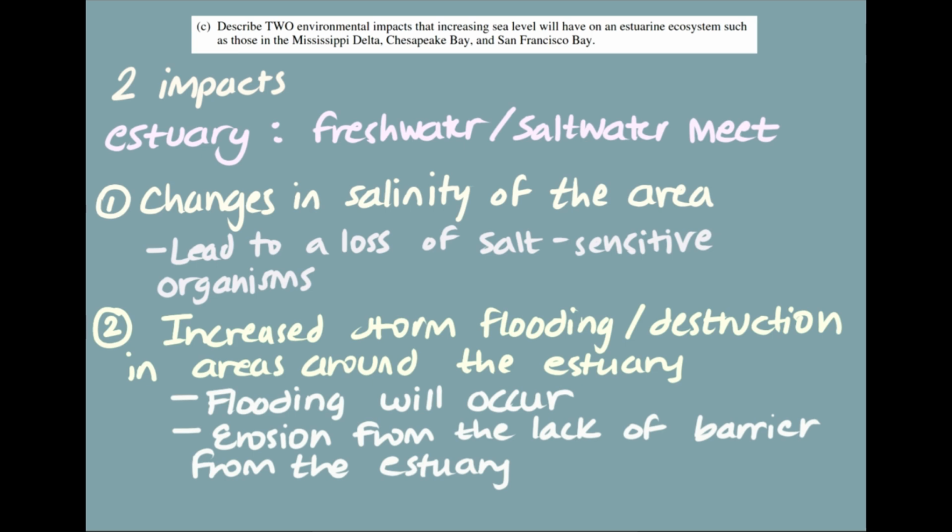Again, talking about the ratio of freshwater to saltwater, we could get a conversion to more saltwater, having more of an open ocean or open water type environment, which means that we could again have a loss of species that aren't adapted to that kind of environment. That can be fish, that can be migratory birds. We have lots of species and organisms that rely on this area. So a lot of changes would occur, especially to that intertidal zone area or that sunlit zone. So this is part C.